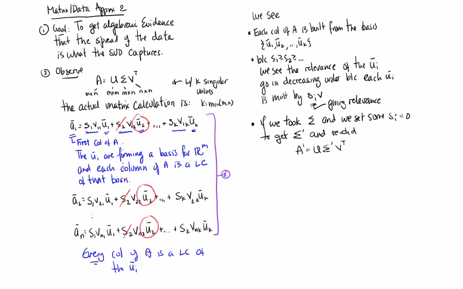So if we set some Si equal to 0 and get sigma prime, and we redid that, the resulting data has thrown out the corresponding U sub i direction.